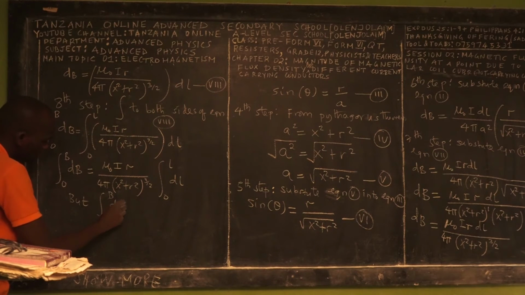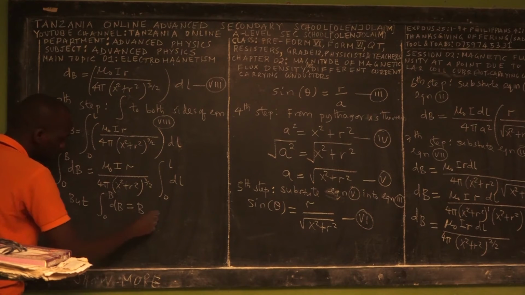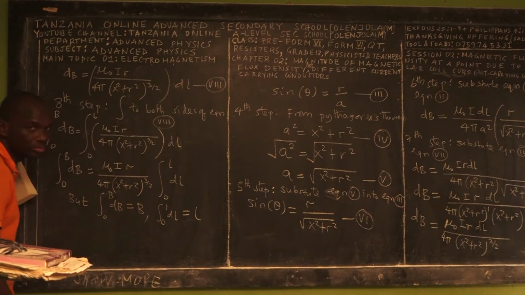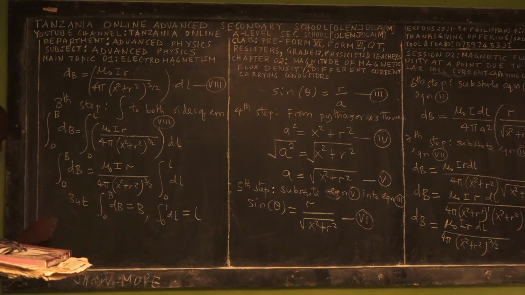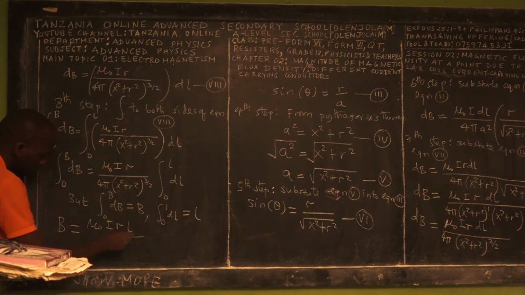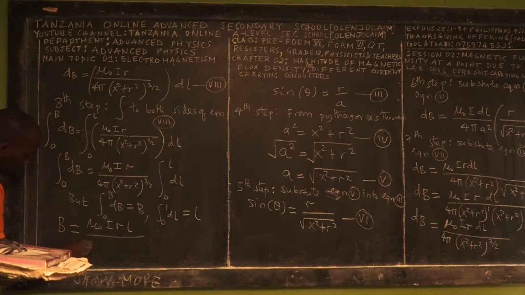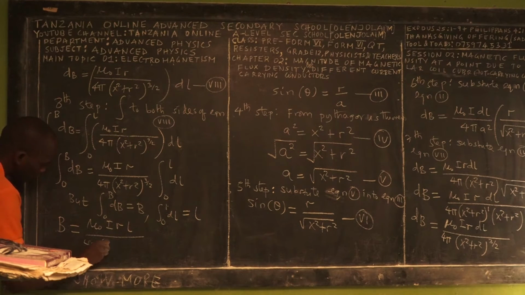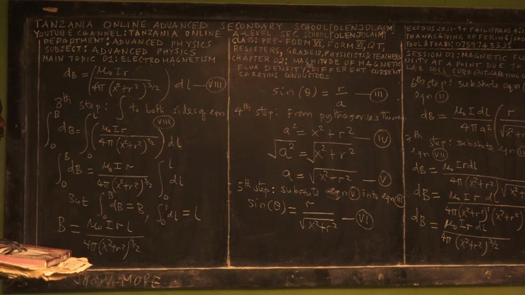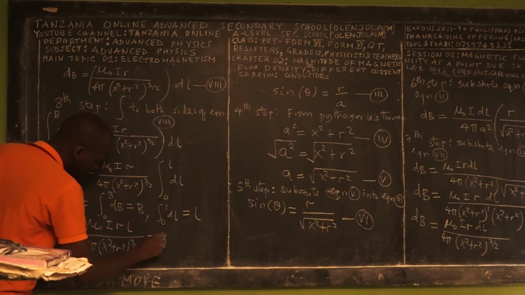So if you integrate dB from 0 to B, this gives us B. And also if you integrate dL from 0 to L, this gives us L. For that case, on the left-hand side, we have magnetic flux density for the entire circular coil, times current, times radius, times length L, over 4 pi. Then you have x square plus r square power 3 over 2. This will make your equation 9.